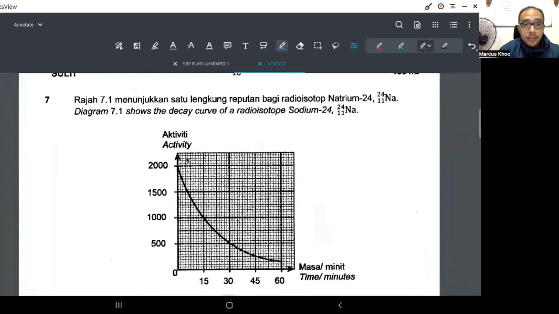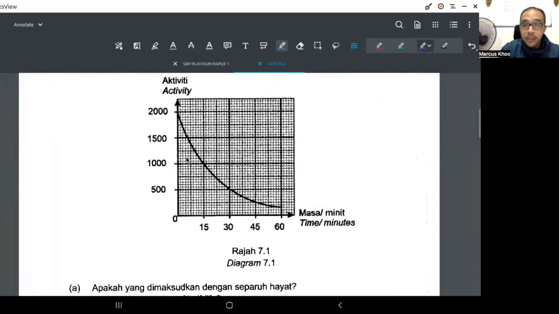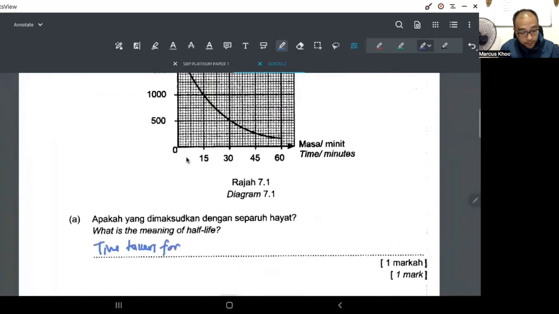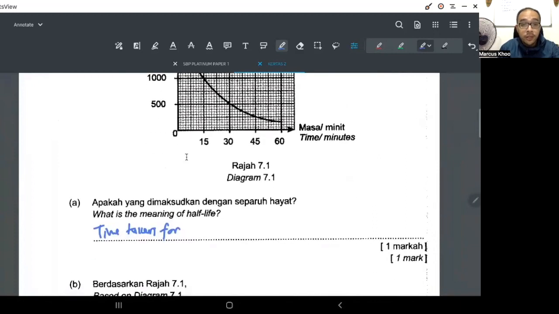Okay. 7.1 shows a decay curve of the radioisotope sodium 24, Na-24. Over here is the decay curve. What is meant by half-life? Half-life is the time taken for the activity.